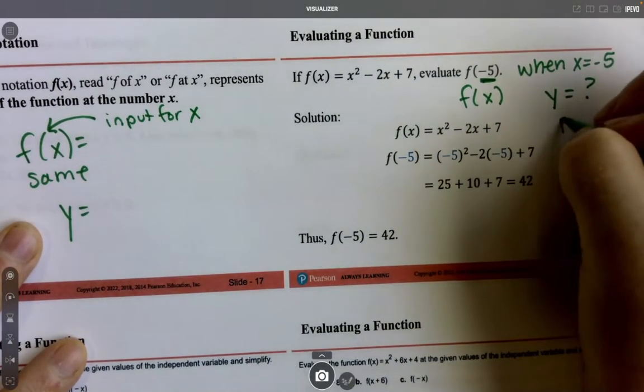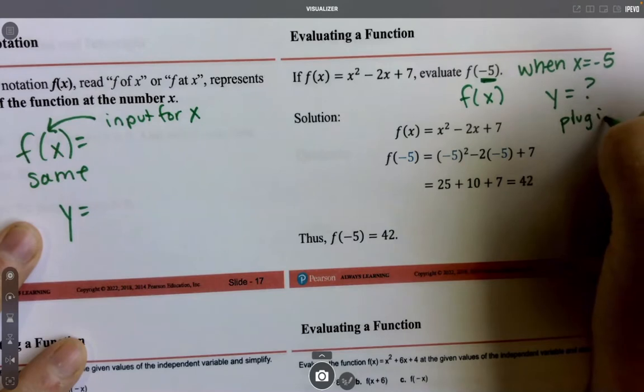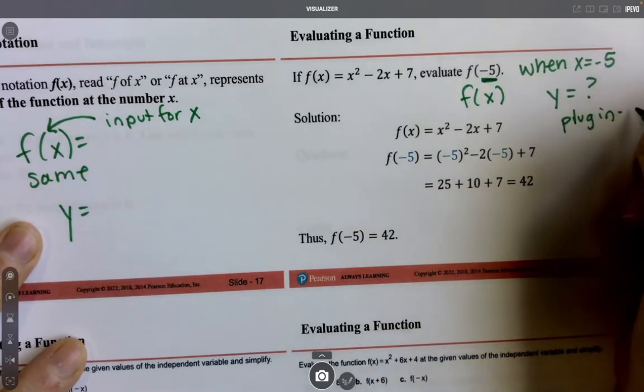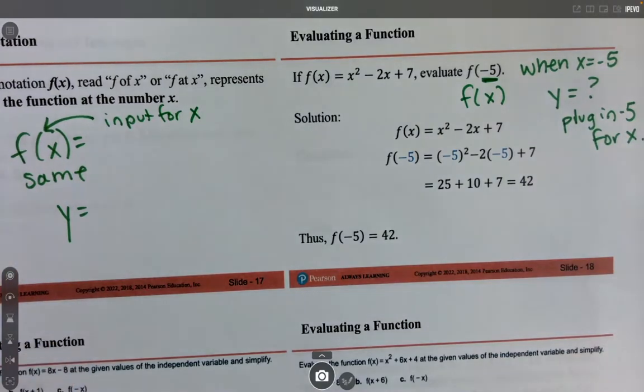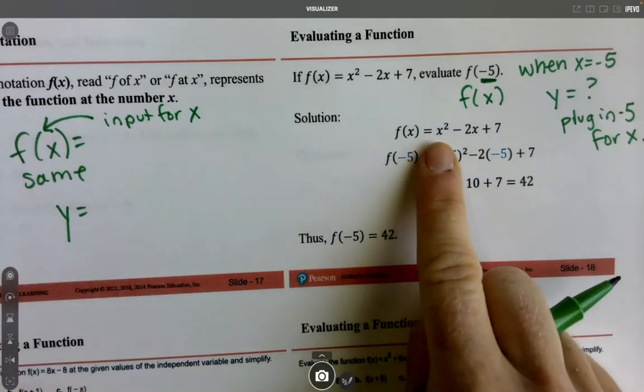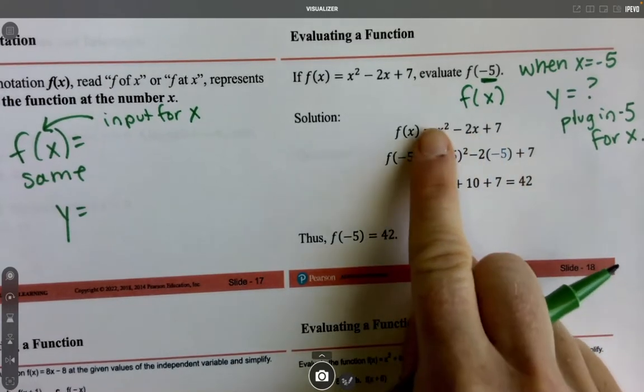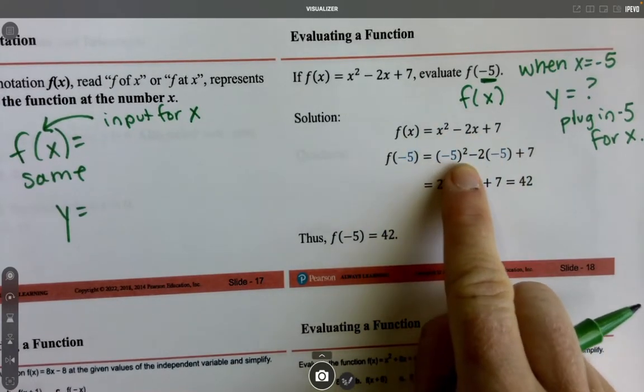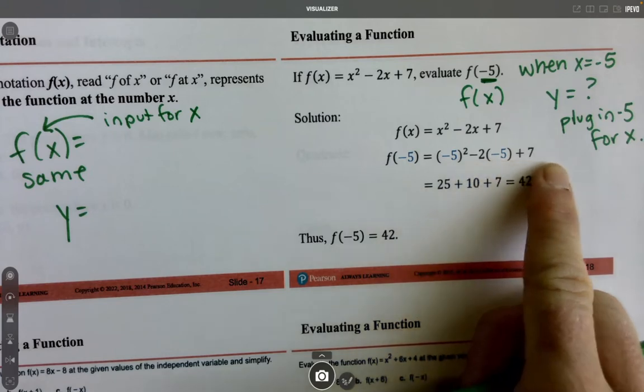So what we are going to do is plug in that value, plug in negative 5 for x. Everywhere you see an x, you're going to plug in a negative 5. So it's shown here. So we have x squared minus 2x plus 7. Plug in a negative 5. Plug in a negative 5. And then simplify.